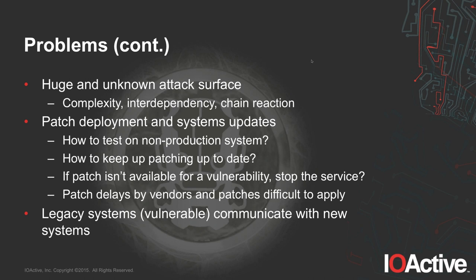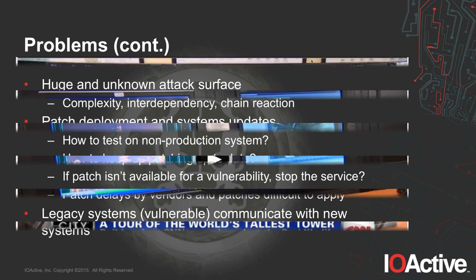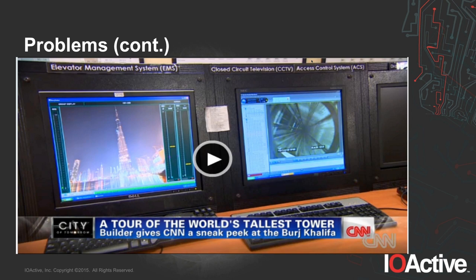There's an interesting example here that I saw in a CNN report about Burj Khalifa, which is the tallest building in the world and one of the smartest buildings. As you can see there, you have the elevator management system, the access control system, and the closed circuit television system.